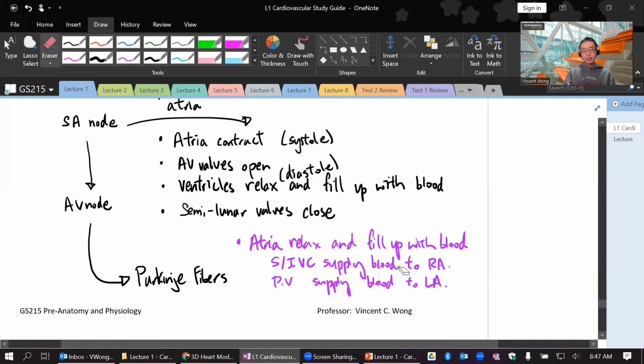As the atria are being filled up, you don't want the blood to continue to fall down to the ventricle. So it's important to close the AV valves. AV valves close.